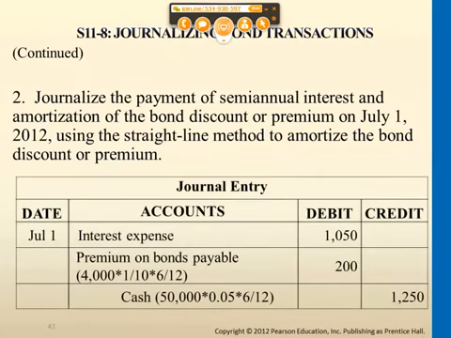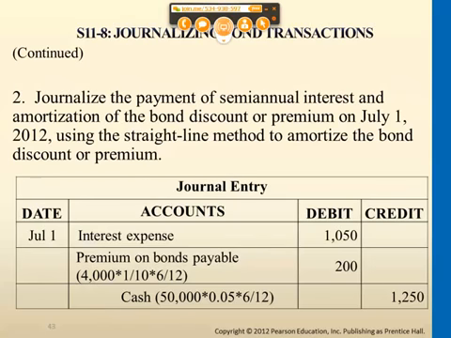Okay, so the cash interest part, you see, this is what I wrote here, $50,000 times 5% times half a year. That'll give you $1,250. This is the cash part that we're paying. But it does not equal interest expense because there's a premium that we issued in the beginning. So this premium, we think of it as reducing the interest expense actually recognized for that year. Okay, so the same as discounts, for premium, we slice it into basically the lifetime of the bond.